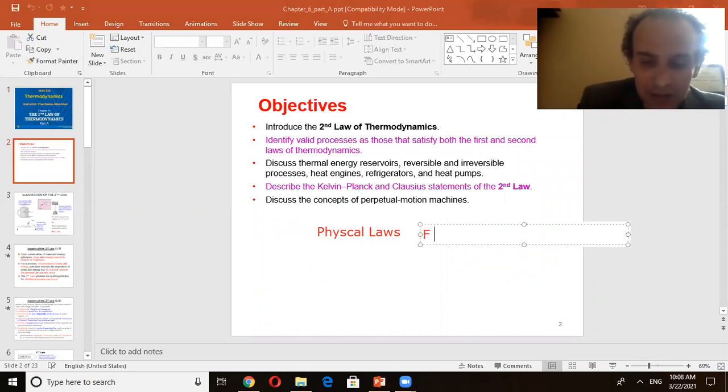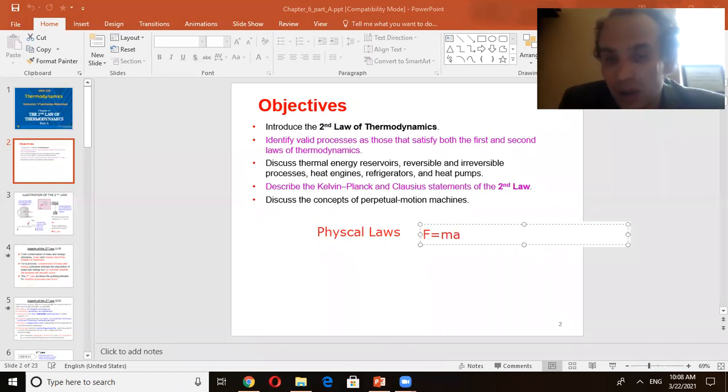It's like F equals ma, right? It's a physical law, Newton's law. Or the law of gravity, that all bodies attract. Or that positive and negative charges attract and charges of the same sign repel. Those are all physical laws, right?